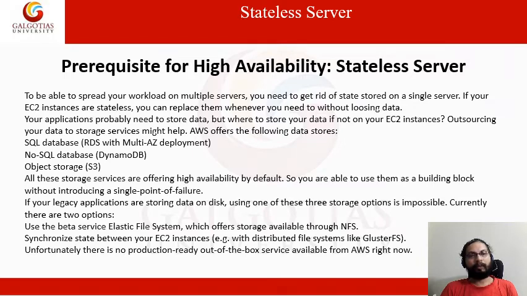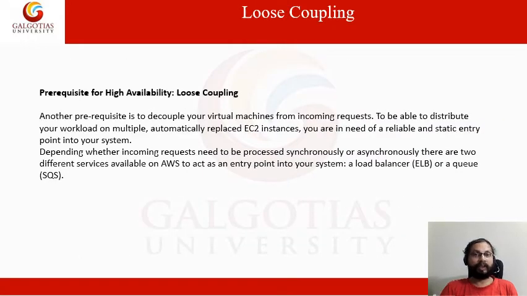One is the beta service, which provides the Elastic File System, stored and available over NFS, and we synchronize the state between the EC2 instances. Unfortunately, there are no production-ready options with this right now in AWS.